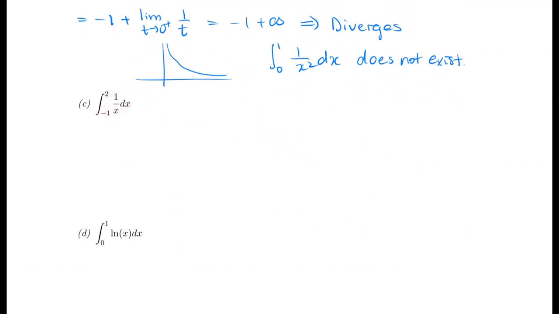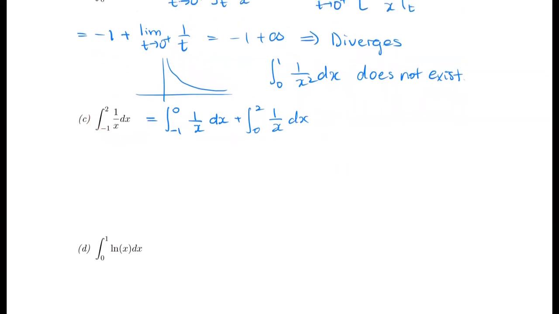So we're going to write this as the integral from -1 to 0 of 1 divided by x dx plus the integral from 0 to 2 of 1 divided by x dx. So only if both of these are convergent, then we say that this also converges.